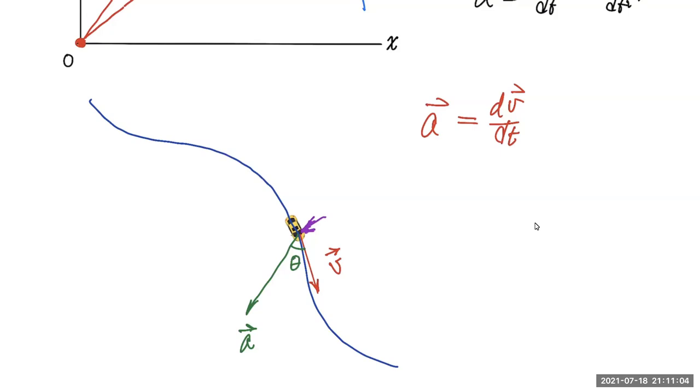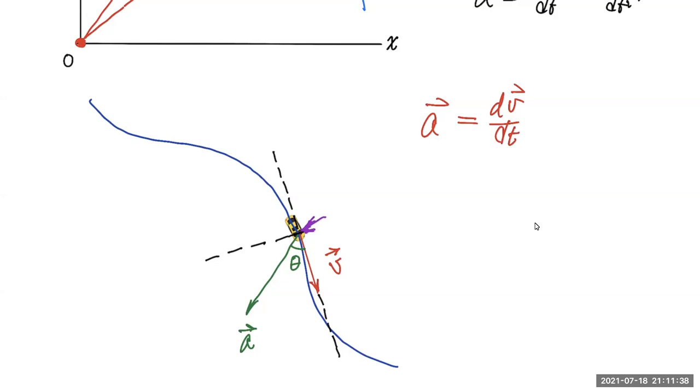Let's look at what this theta really means. Whether theta is acute or more than 90 degrees, what does that actually mean physically? Well, I can draw a line that is parallel to the velocity. So it's tangent to the curve at that moment. I can also draw a line perpendicular to it, normal to the direction of motion. With that, I can break down the acceleration vector into two directions.